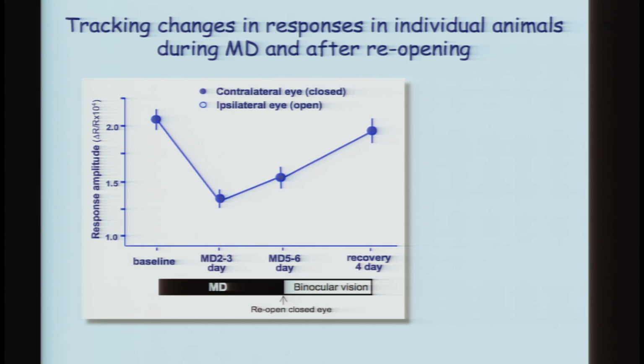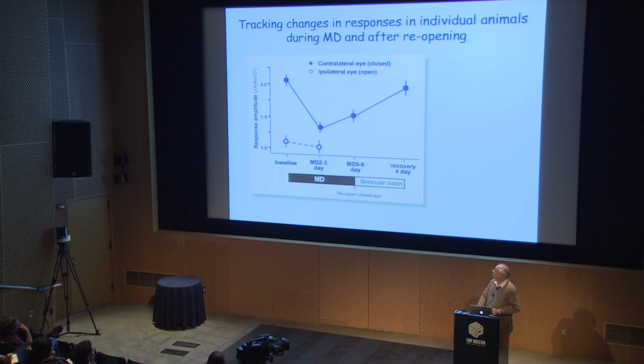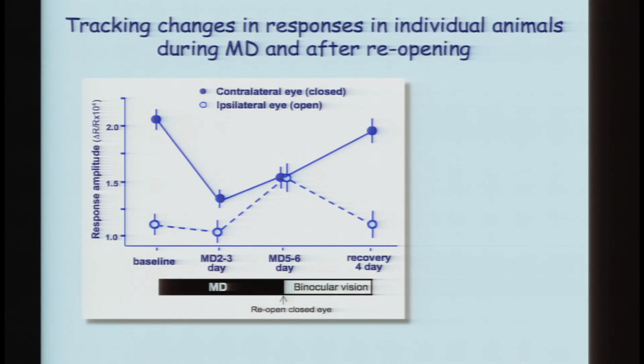When you open the eye again, the response comes back very rapidly to its original state. Whereas if you look at the responses to the open eye, during this initial loss, there's no change in the response to the open eye, but thereafter, the response to the open eye gets very much better. And then if you open the closed eye again, things go back to the initial state.